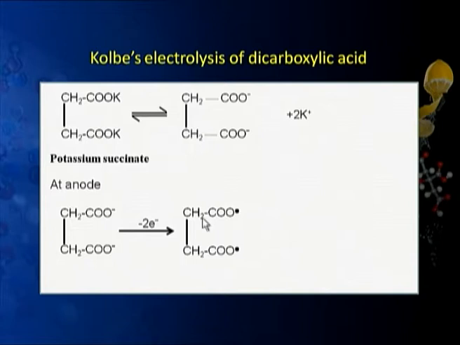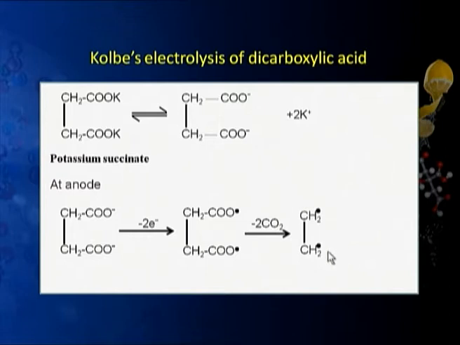In the next step, this carbon-carbon bond undergoes homolytic cleavage, carbon dioxide molecules are lost and we get the radicals here. So, now what happens? After the loss of 2 molecules of carbon dioxide, we get this diradical. Now, as we studied in simple carboxylic acids, one radical combines with another radical.